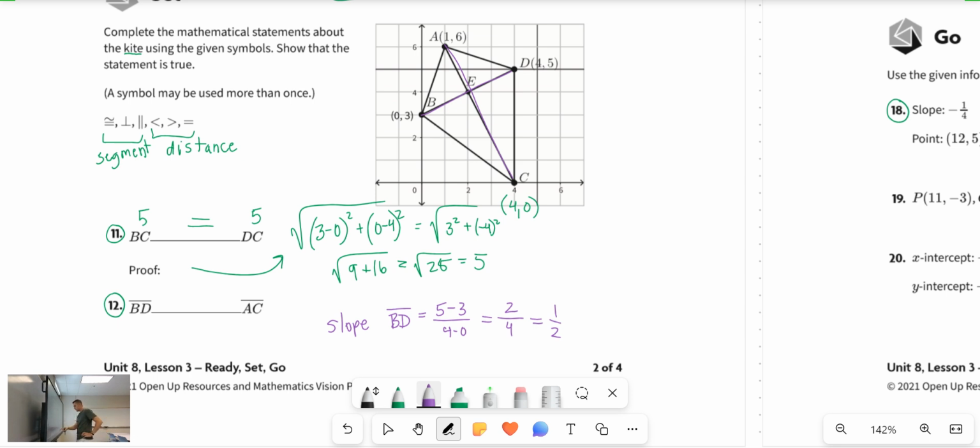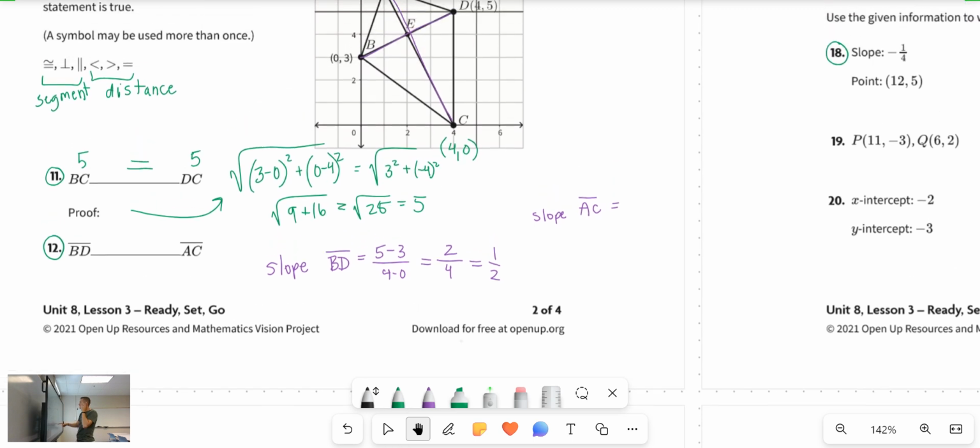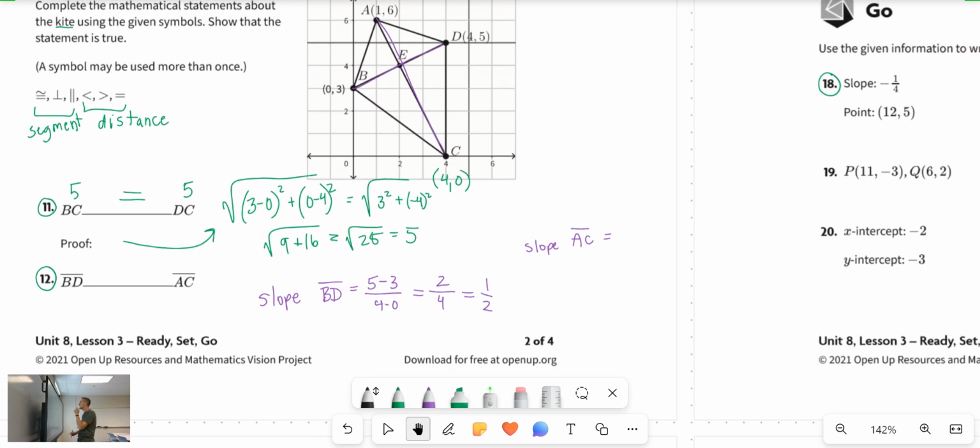And then the slope of, I'm going to go down just a little bit so I can write more comfortably. The slope of AC, that's the other one we're looking at. The slope of AC is going to be, we'll use A as our first point. So that's going to be the y first, so 6 minus the y value for point C, which is 0, 6 minus 0, divided by, and then we'll go back to A, 1 minus 4.